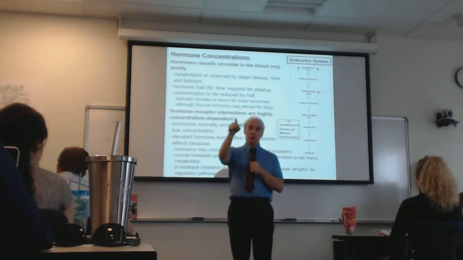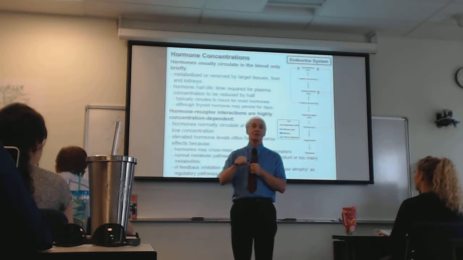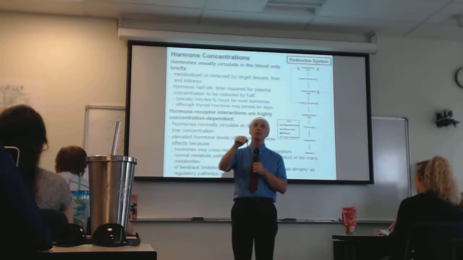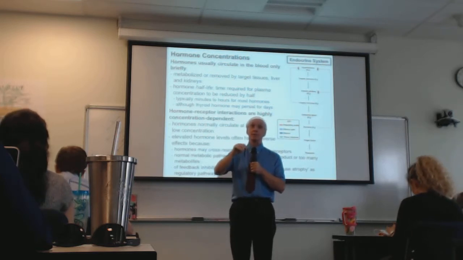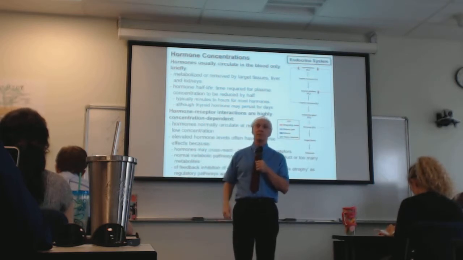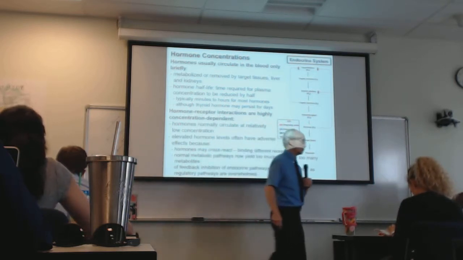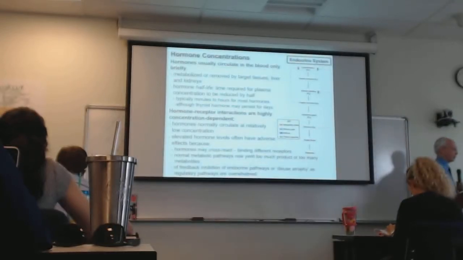Their facility in the class may be dependent upon you. In some cases, it's not always clear. In the case of PTH and vitamin D, we would say that vitamin D is the permissive hormone because it potentiates the activity of PTH. I'm not sure that's always clear or even all that important.